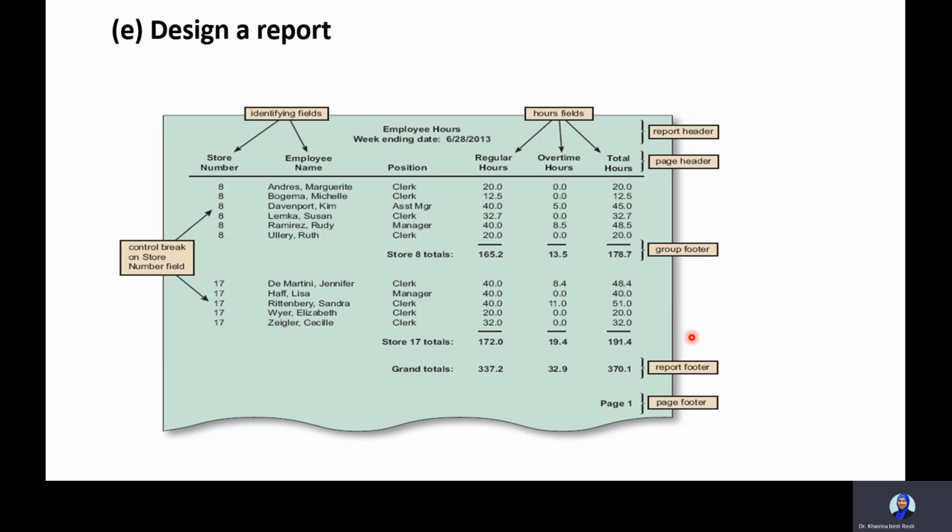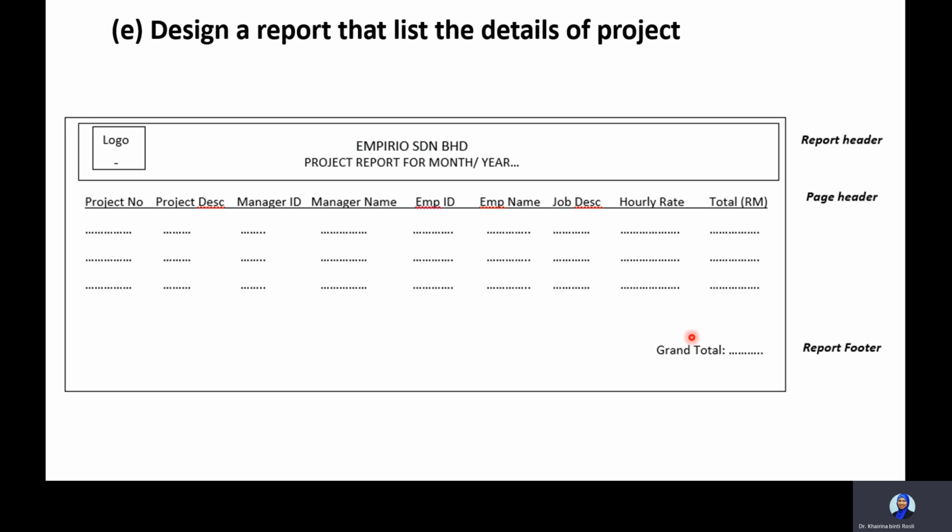So for the questions, you can design, for example, like this. On top, the report header, put the company name, and then the report name. Let's say you want to put for the month of such and such, for the year of such and such. Then you can have the logo, for example. And then what information do you want to put in the report?